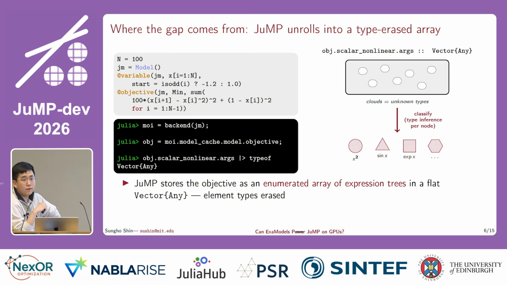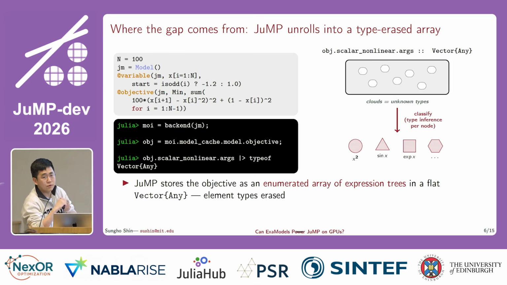And that means if you are trying to convert each of the expressions into the GPU-compatible form that ExaModels requires, it's almost like you're closing your eyes and trying to see what this is, and then converting that into the expression. That's because that information is not revealed at the type level.